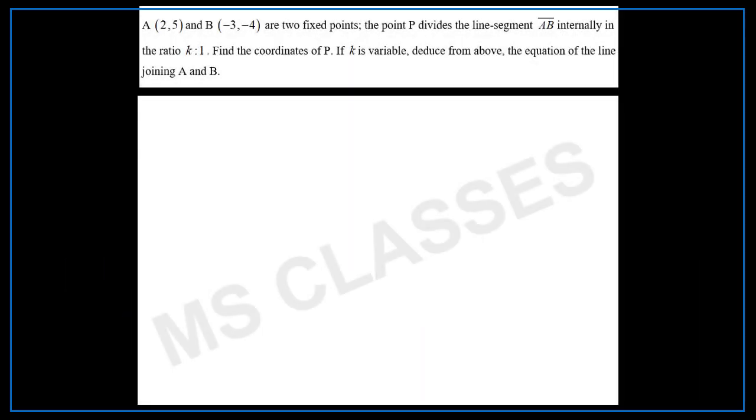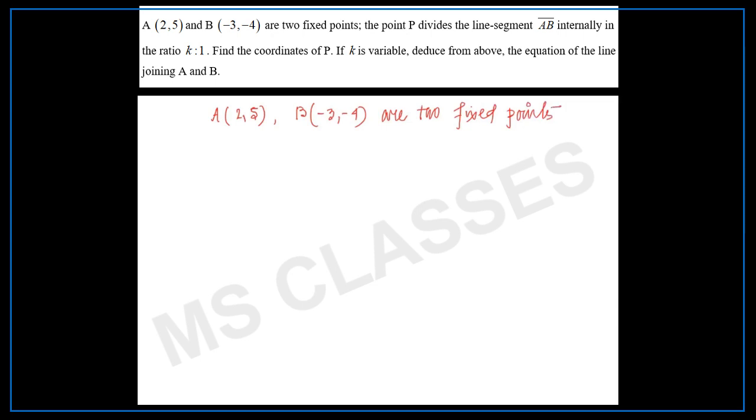It is given here in the question that A, which is (2, 5), and B, which is (-3, -4), are two fixed points.